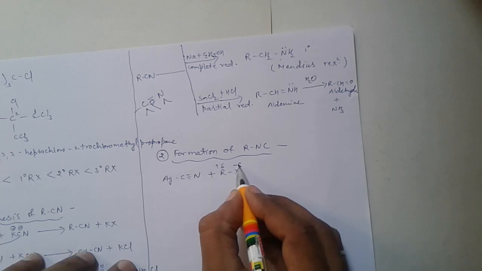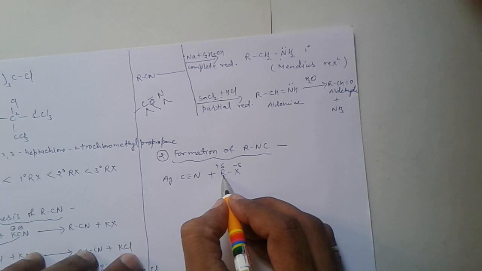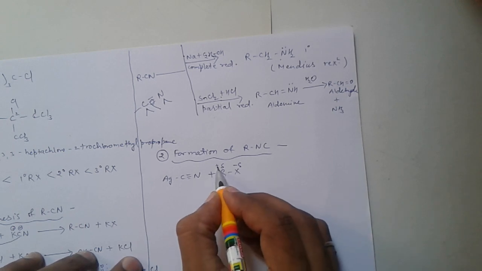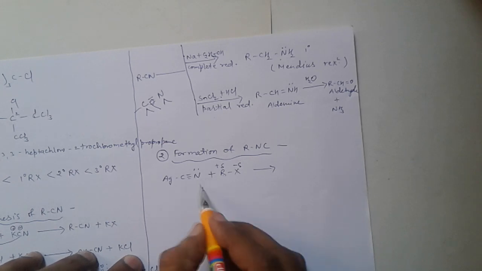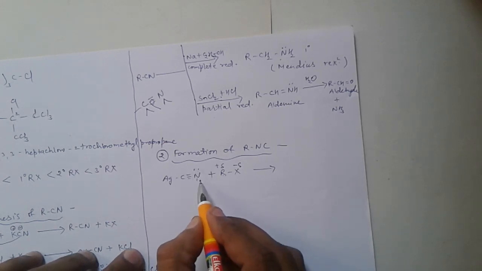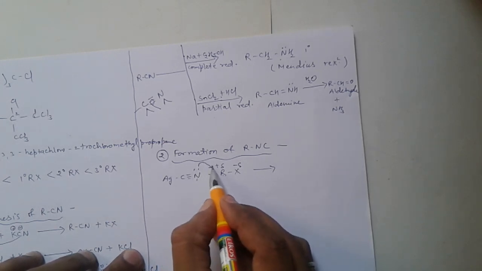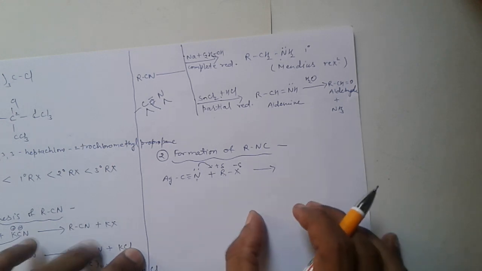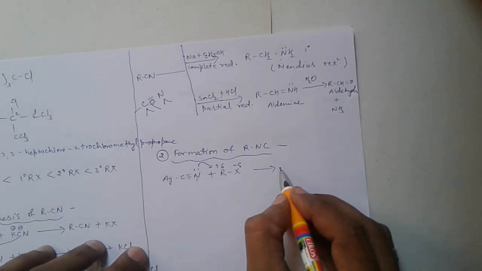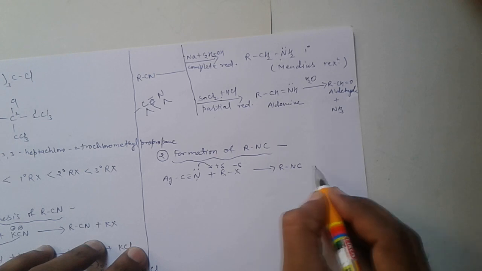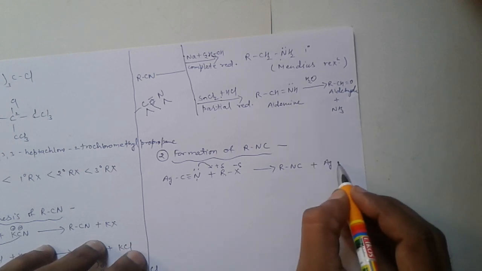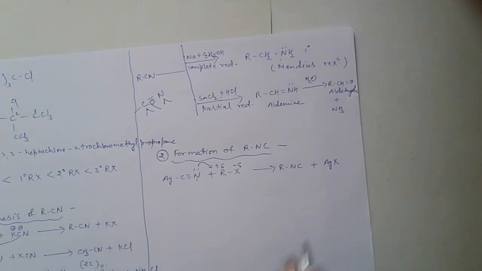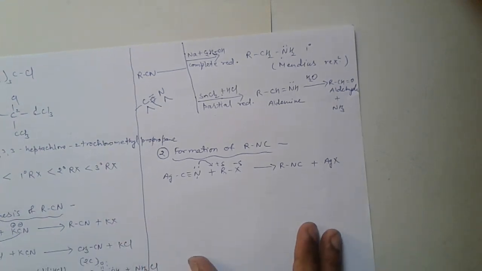Halogen is partial negative and the alkyl group of haloalkane is partial positive. Here the nitrogen atom has one lone pair of electrons, so attached by nitrogen, then alkyl isocyanide is formed after removal of silver halide.